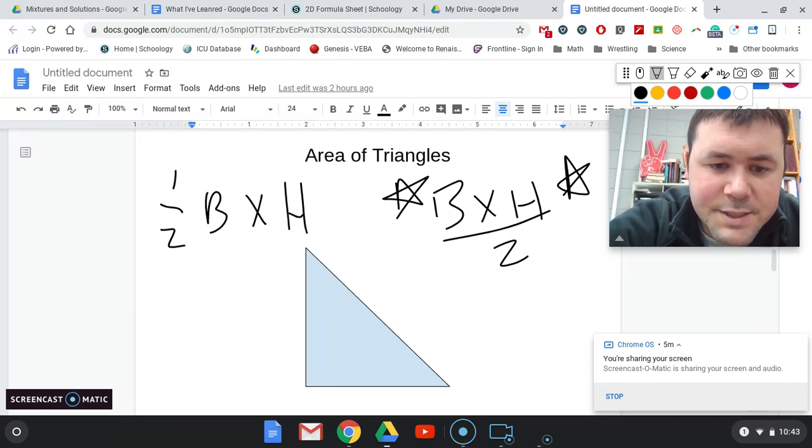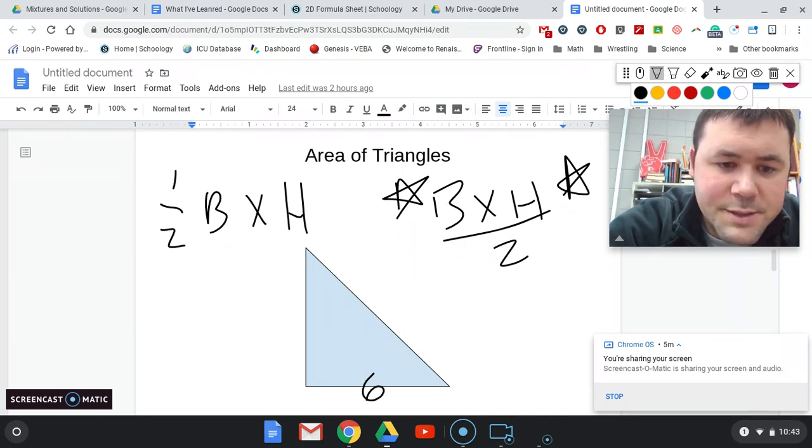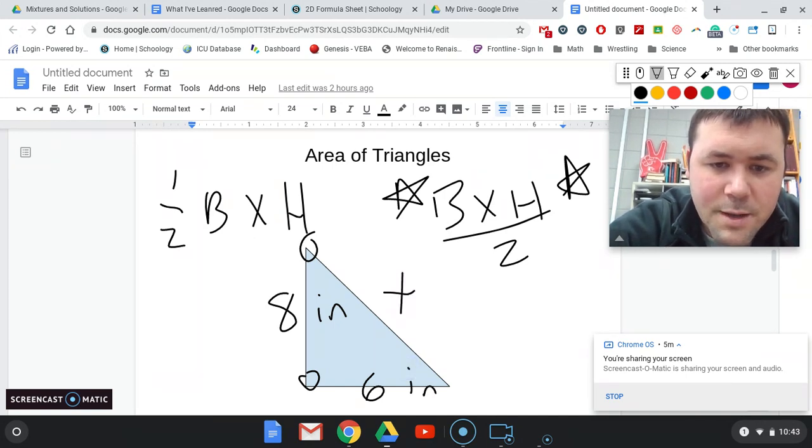Okay, so in this case, the base of our triangle is 6. And the height, which is how tall it is, so from here to here, that is 8. And these are inches. Now, there's no measurement here, which is okay. If there was, maybe say 7, we wouldn't use it because our base is what our height touches, so how tall it is.